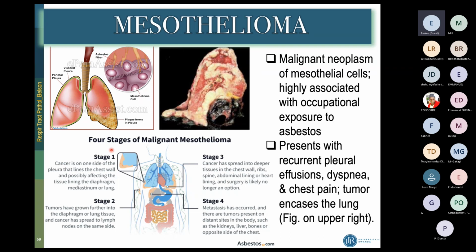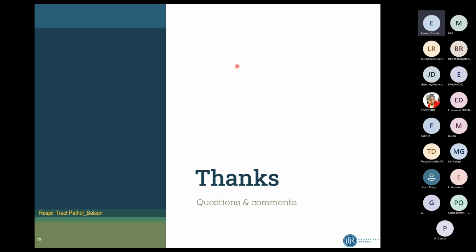Most of the causes, it is asbestos. And you see here that there is a massive mesothelioma that has encased the lung. So this is what we had to cover.